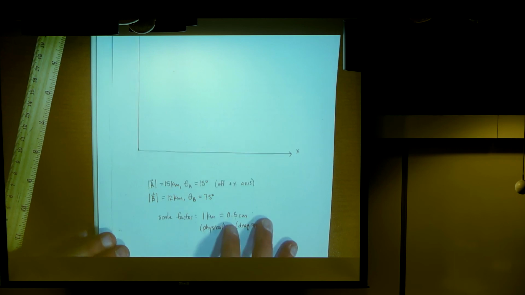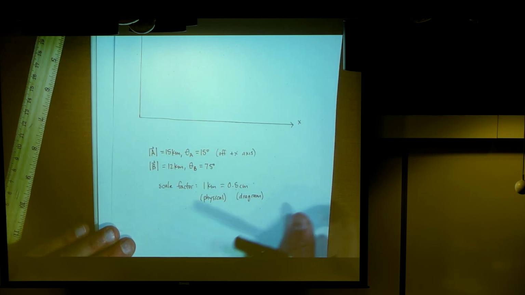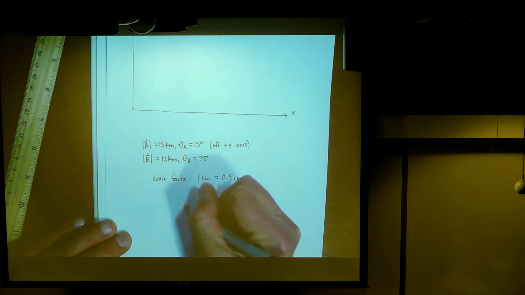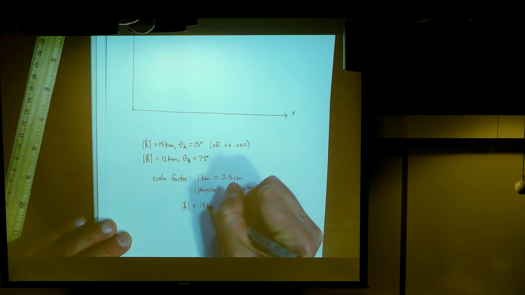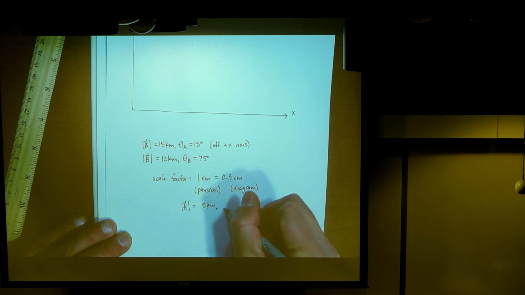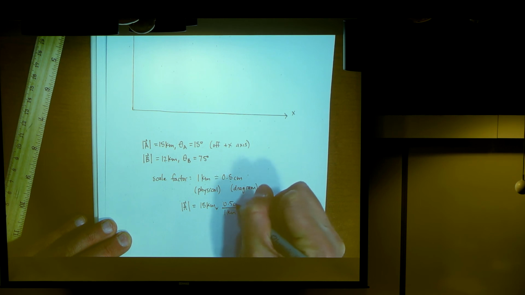So actually, using that scale factor, let's real quickly say what the magnitude of A should be. Because it's 15 kilometers in reality, but I'm going to scale it down according to this. And you can think of this like a conversion factor, right? Because every 1 kilometer is half a centimeter of distance on the diagram.